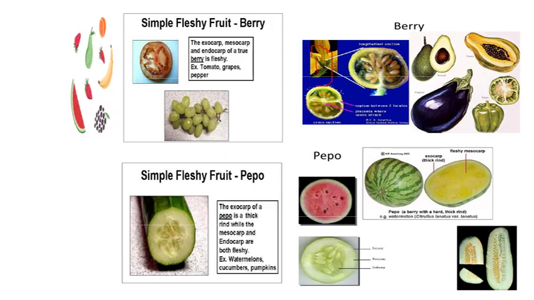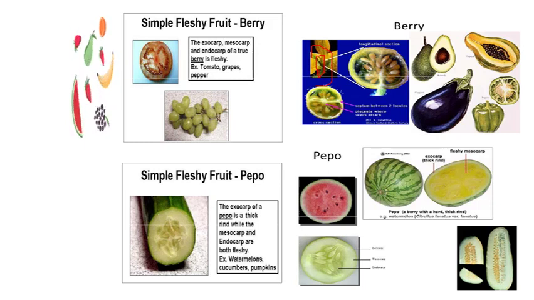Inside this we have a mesocarp and endocarp, and there is no stony or hard shell in the center. So tomato is the example of a simple fleshy fruit, that is berry.